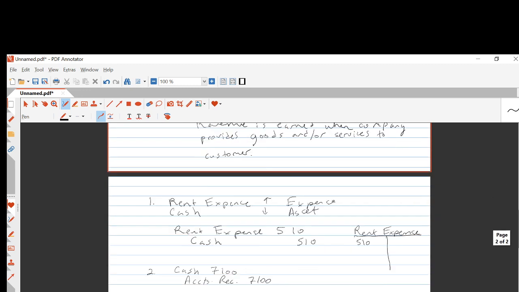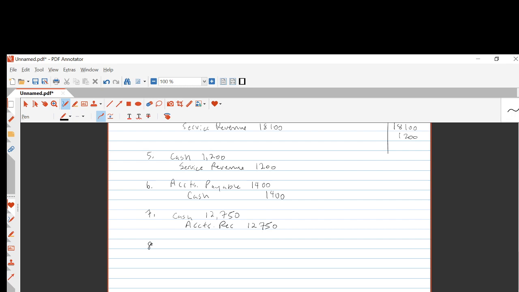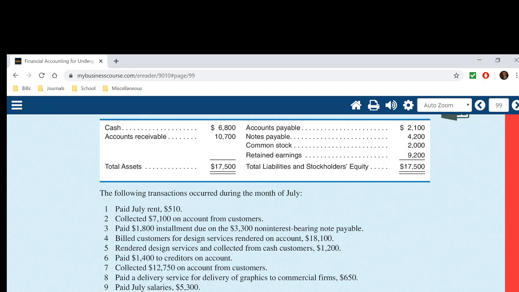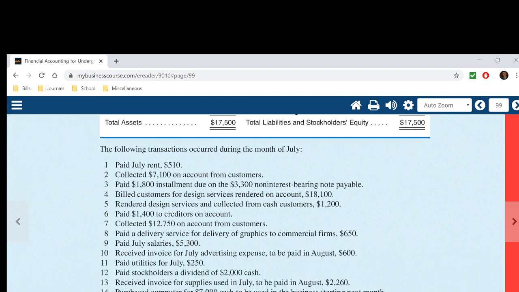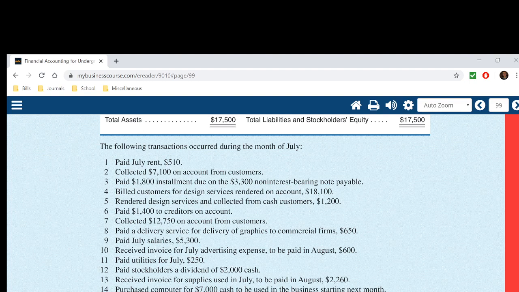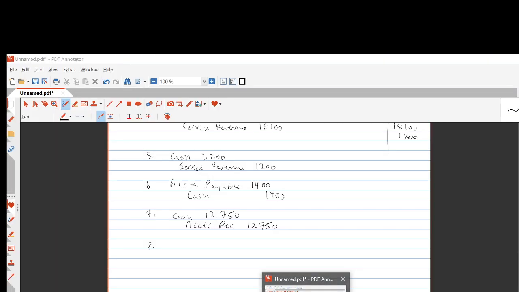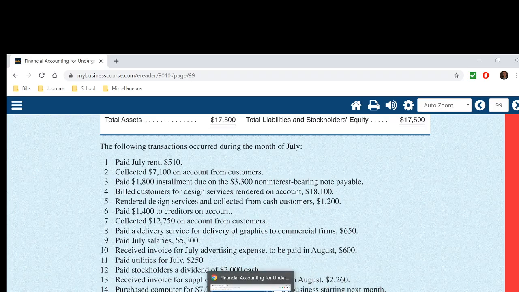All right. Number 8. Paid a delivery service for delivery of graphics to commercial firms. So we're paying shipping essentially. So delivery expense or shipping expense and cash are the two accounts.